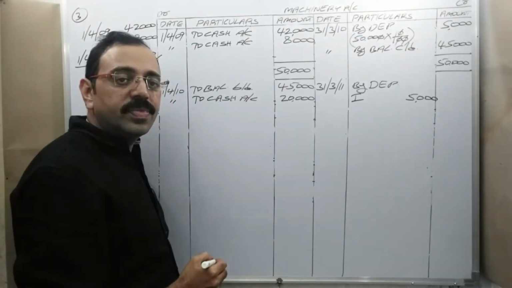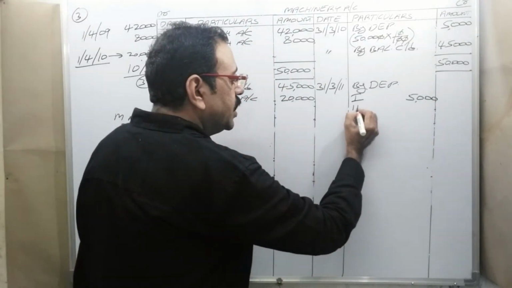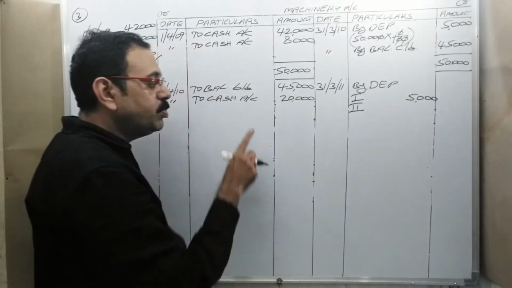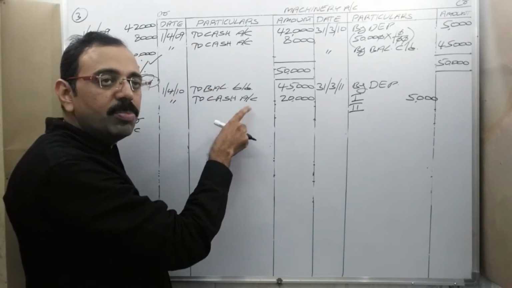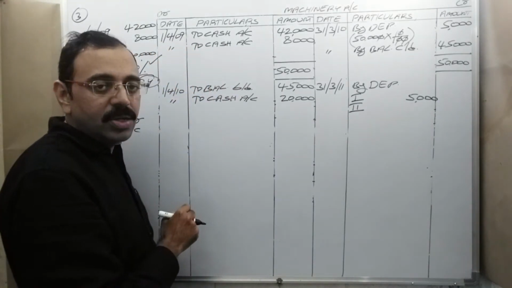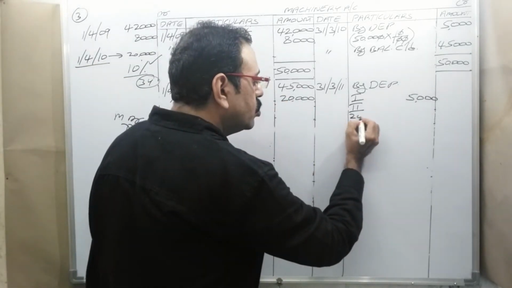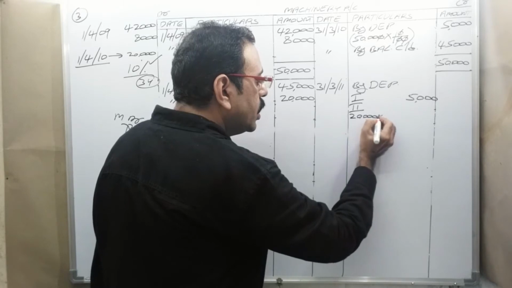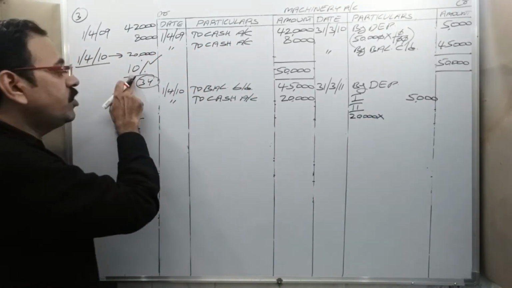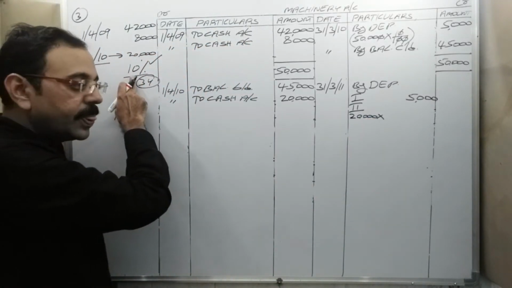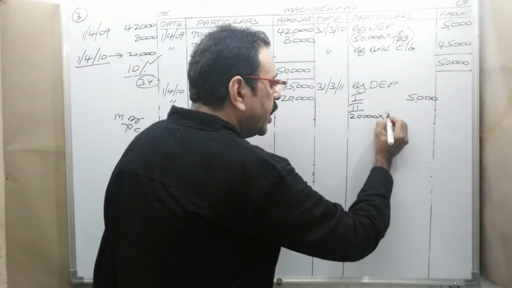5,000. Then the second asset. The second asset is purchased in the current year, no? So depreciation is not yet calculated, so now we have to calculate. Second asset cost is 20,000. On that, the same percentage of depreciation we should take, 10 by 100.